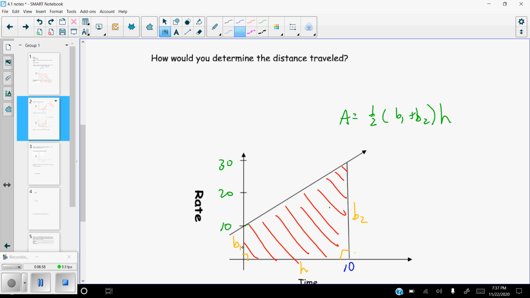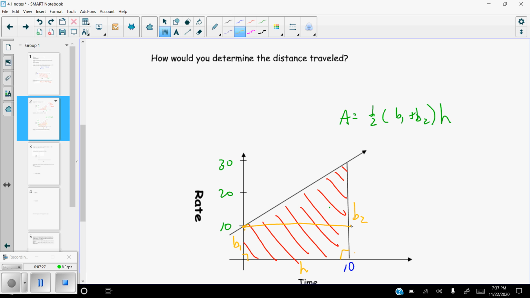If you were to make one of the bases, let's say that we make B1 0. So if base 1 is 0, really what that would mean is there would be no distance here. So if we make base 1 0, the distance would come straight across like that. And then if you just look at what you have, if B1 is 0, the upper part is just a triangle.